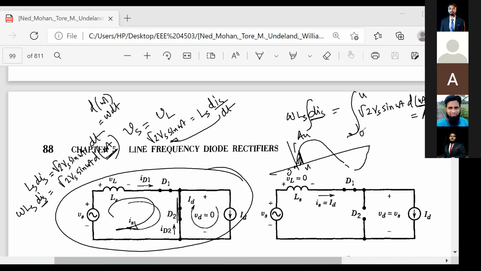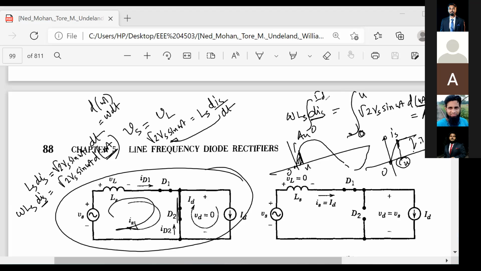So what is the current at omega t equal to 0 of Is? It is equal to ID1, right? Yes, sir. What is the current here? Zero current. Okay, put 0 here. What is the current at omega t equal to U? So Is is ID, capital ID.